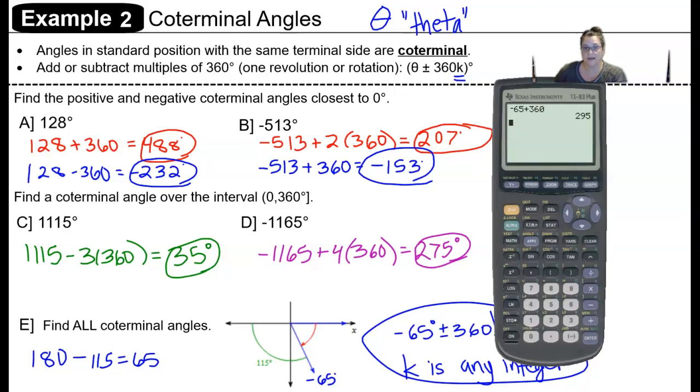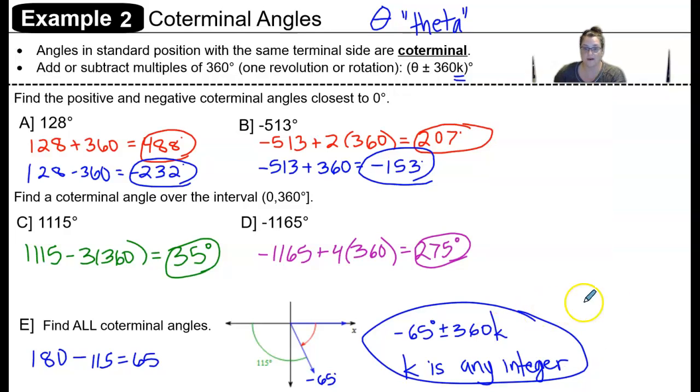So you may see the answer, like in a multiple choice question, for example, as 295 plus or minus 360k. And that's fine because negative 65 and 295 are coterminal angles. So this expression represents the exact same solution set as this expression does.